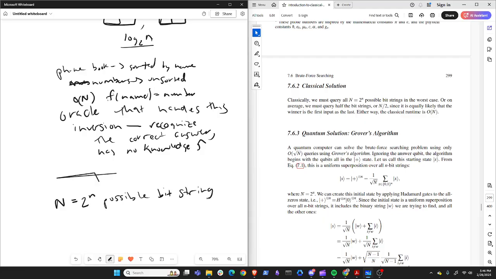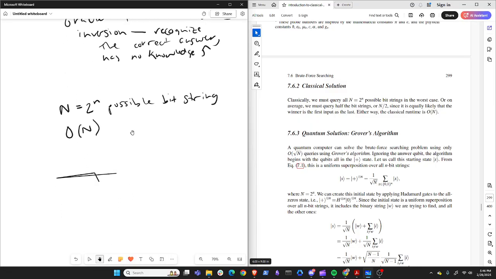In other words, the worst case is it's the very last one, so we have to go through all possible bit strings to find the solution. Or on average, we must query half the bit strings, since it's equally likely to be the first and the last. So regardless, it's O of n.